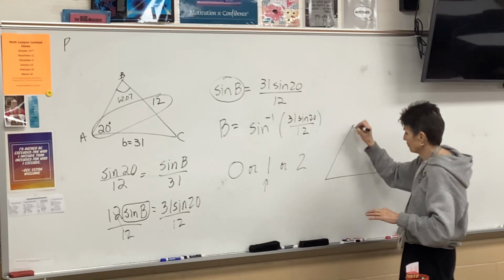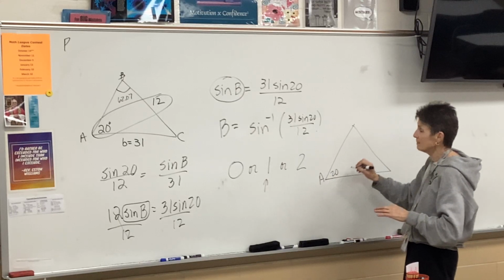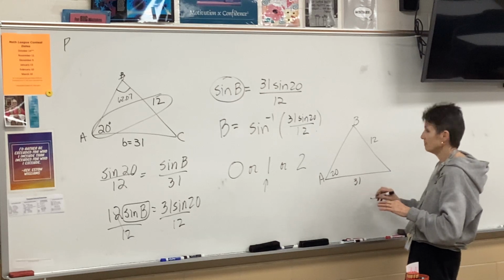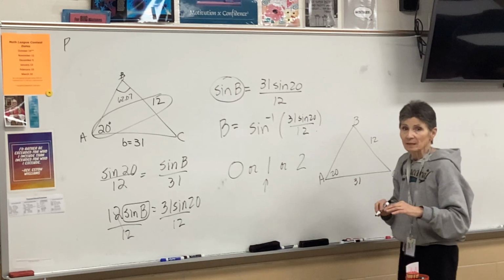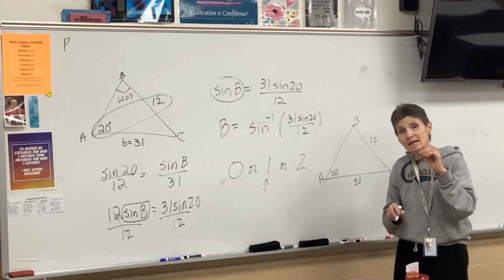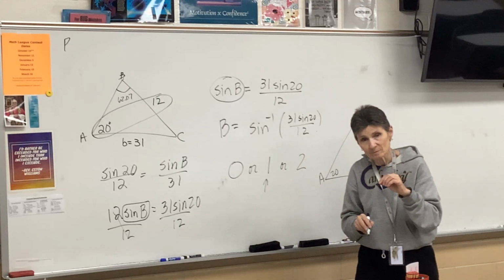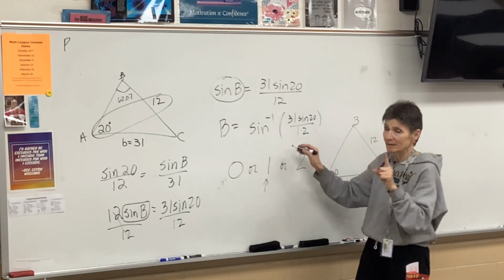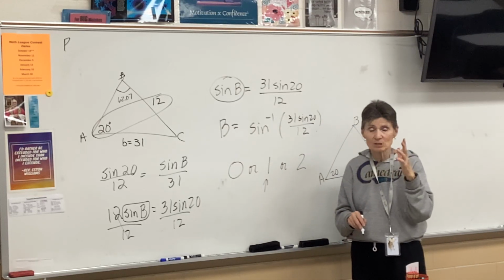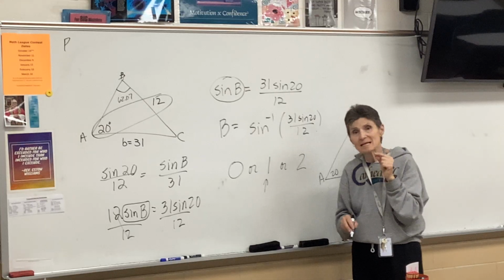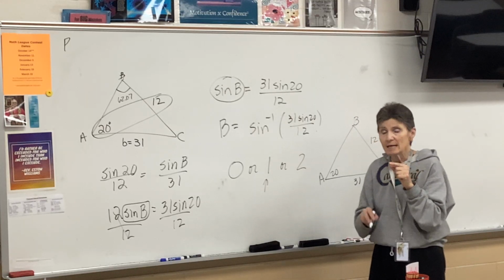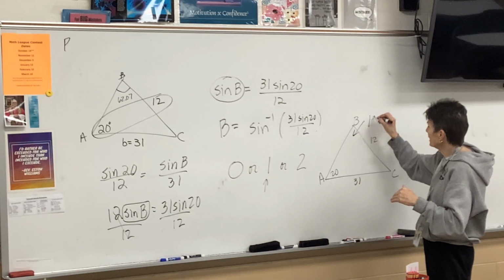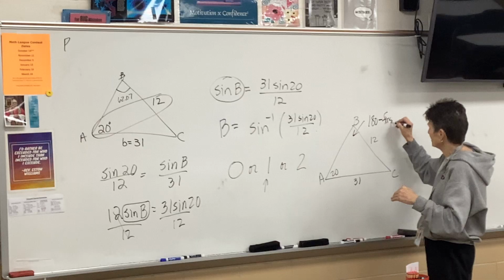Redraw your triangle from the beginning. So angle A was 20, side A was 12, side B was 31. If there is a second answer, okay, I know there's at least 1 because when I typed this in, I got an answer. If there is a second answer, it will always be 180 minus the first one.